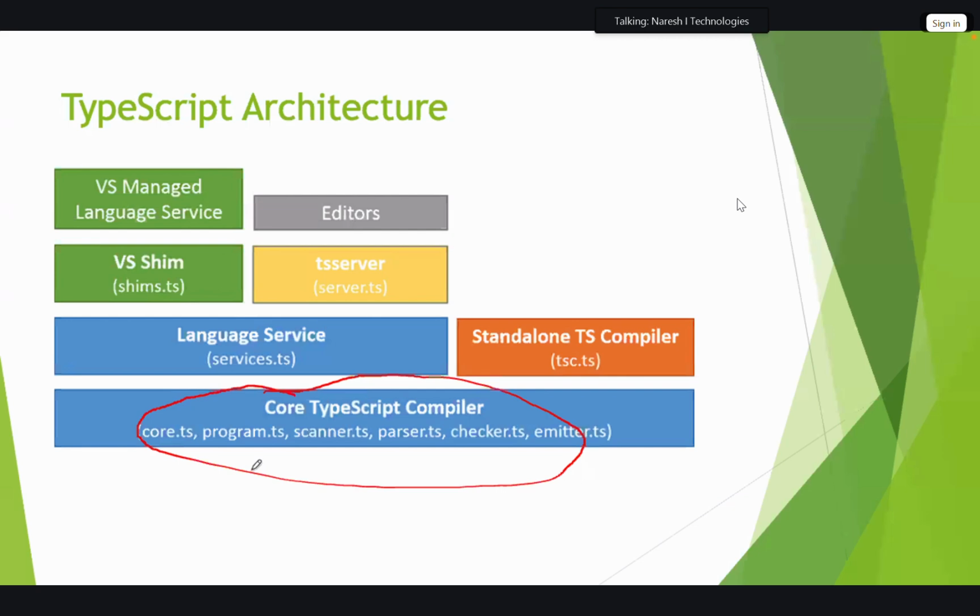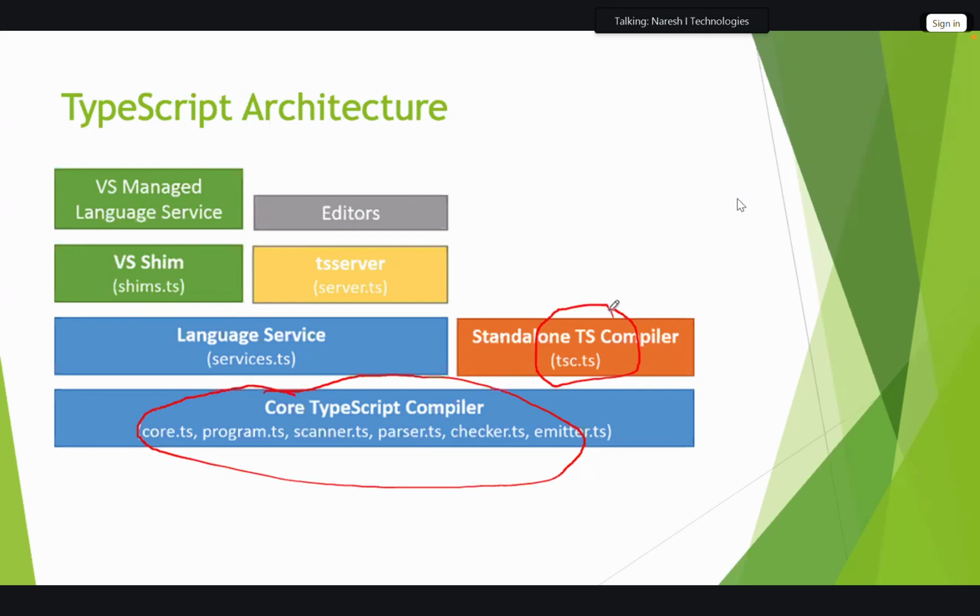We have another compiler, a standalone compiler. Why do we have two compilers? Because the TypeScript language is not understandable to the browser. The browser understands JavaScript, so TypeScript is translated into JavaScript by this compiler. If you are using only TypeScript, you don't need this.